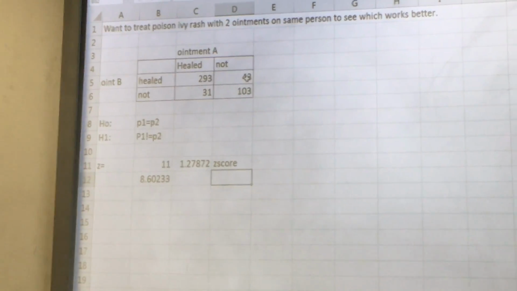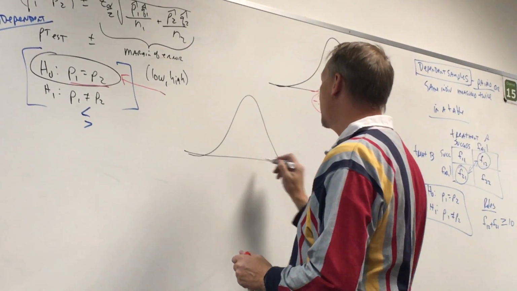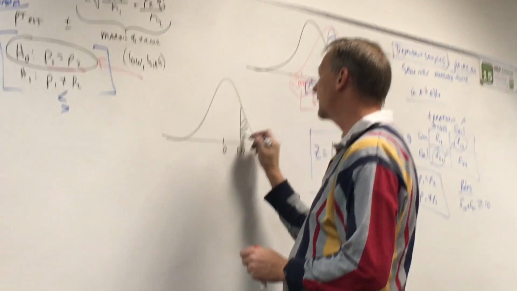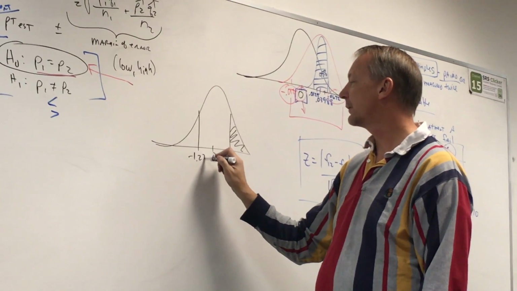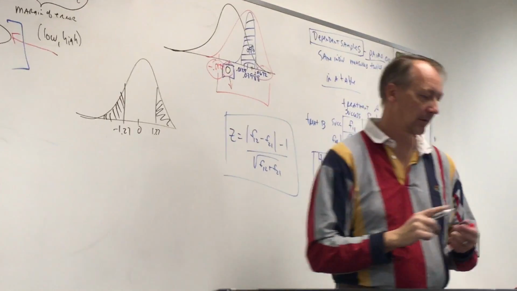Now the one thing I just want to mention again, because I'm using an absolute value, that's always going to be positive 1.27. I'm going to want this area here. I'm also going to want this area to the left of negative 1.27. Okay?